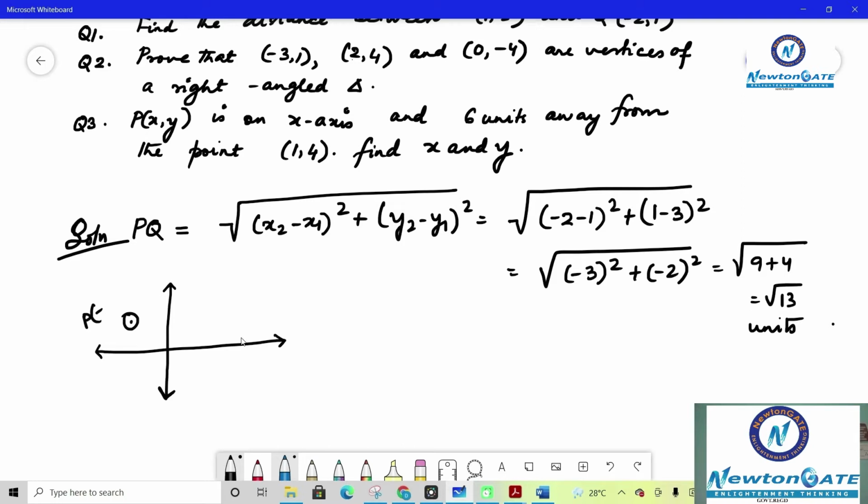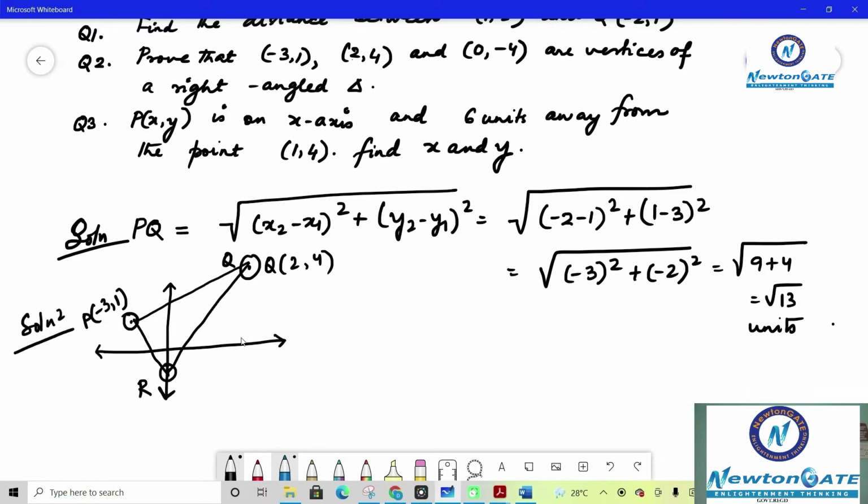This is (-3, 1). (2, 4) lies here, and (0, -4). So, this is my triangle. We can name them P, Q and R.